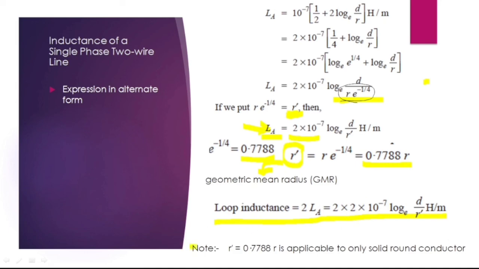And consider the note point here. This r dash is equal to 0.7788 r is applicable to only solid round conductors. Only for solid round conductors.